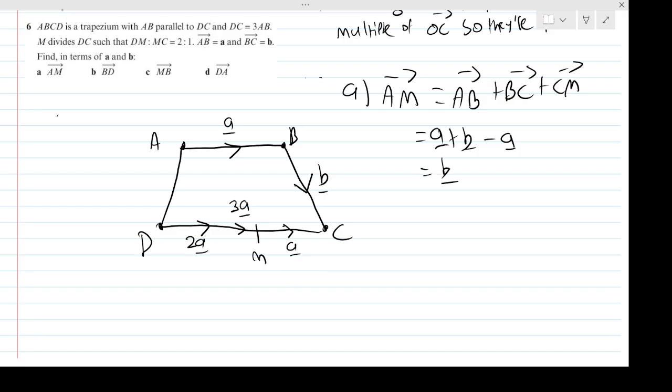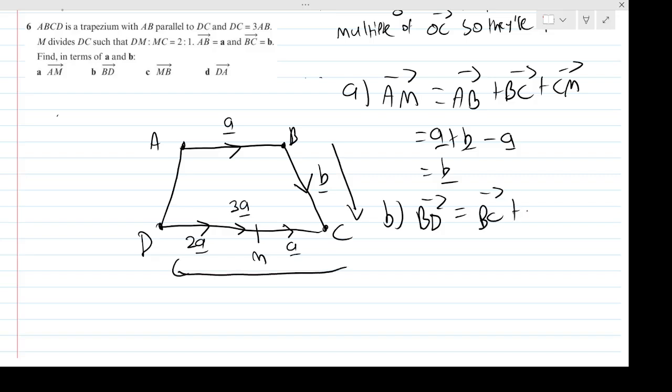Then I need to find B to D. But again, there's no information to find that directly, so I need another route. To get from B to D, I can do B to C, then C to D. B to C again is just b.